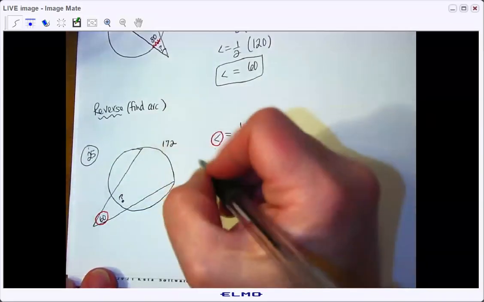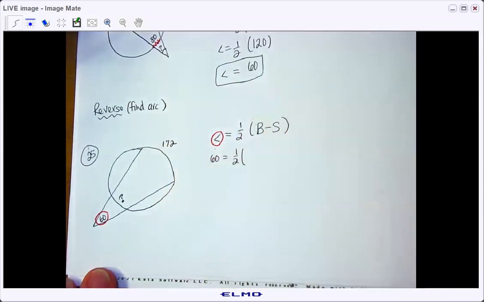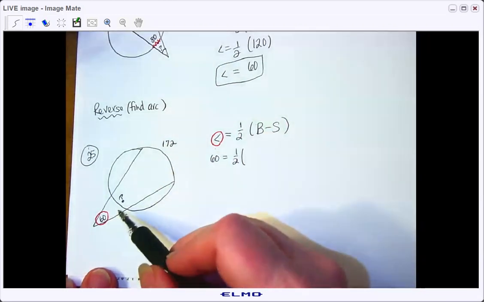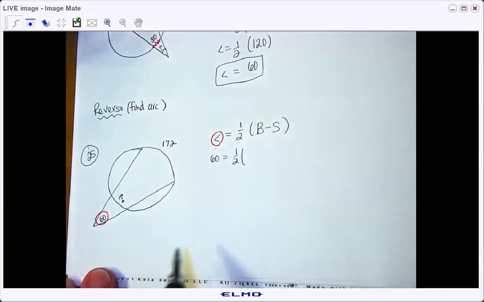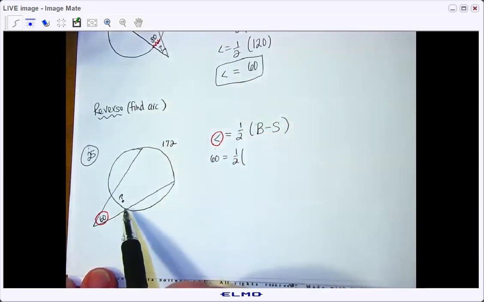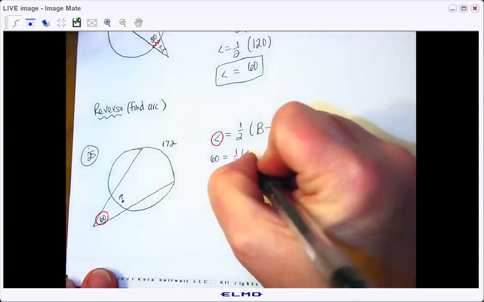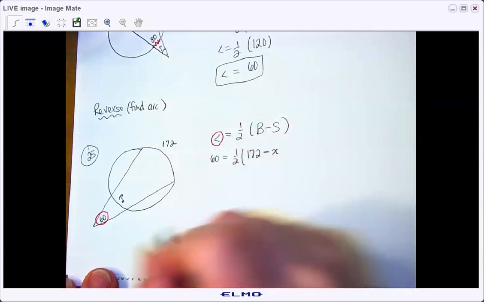So we're going to plug in 60 equals 1/2. Now we're given the bigger arc. It could have been the smaller. It could be either one, but you have to put it in the place that it goes. So if the smaller arc was 172, we'd put it over here. But since the bigger arc is 172, we'll put it first. Minus the smaller arc, we'll call it X.